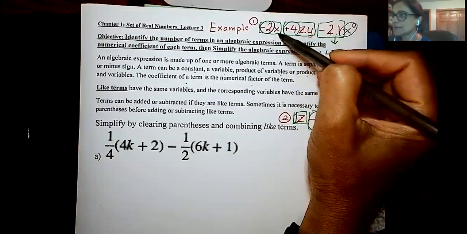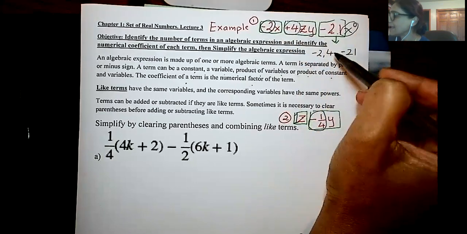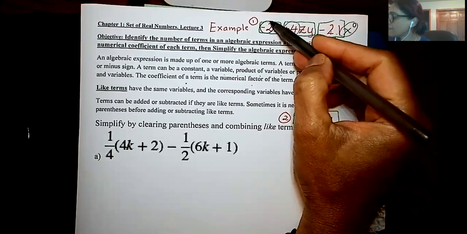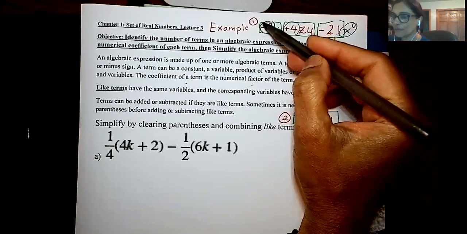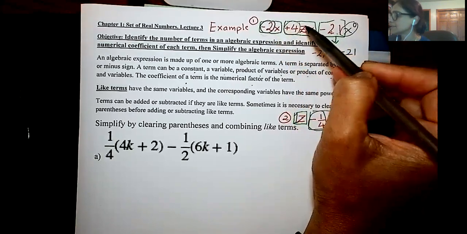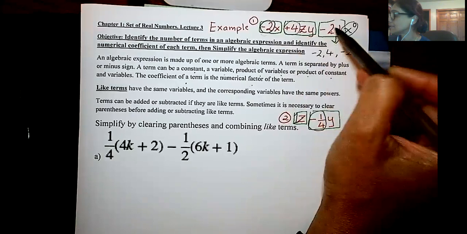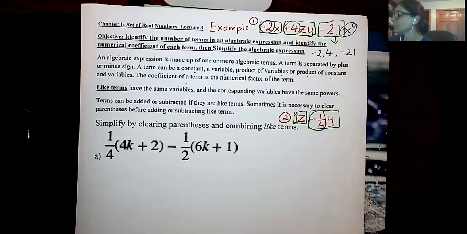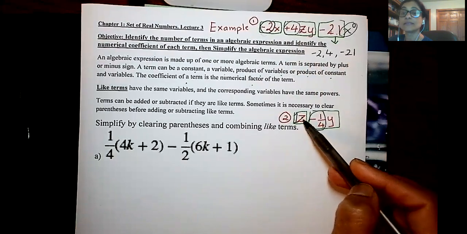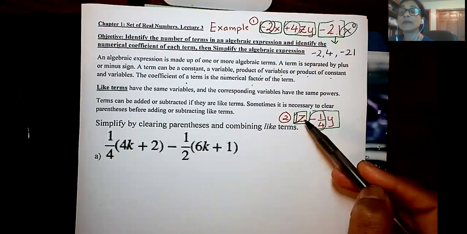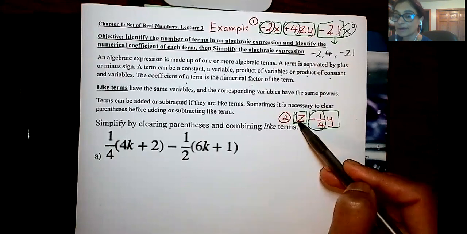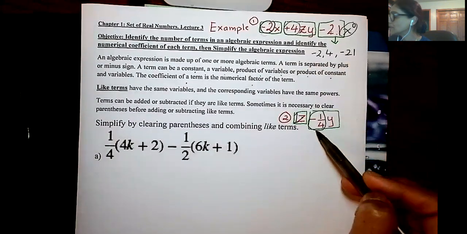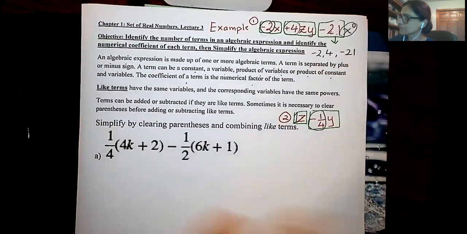And each term has a number, and that number is known as the coefficient. So this algebraic expression has 3 terms, and the coefficients are -2, 4, and -21. Here the z is by itself, but the coefficient is 1. Here the coefficient is -1/4.